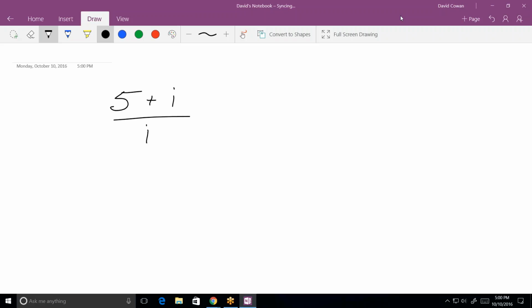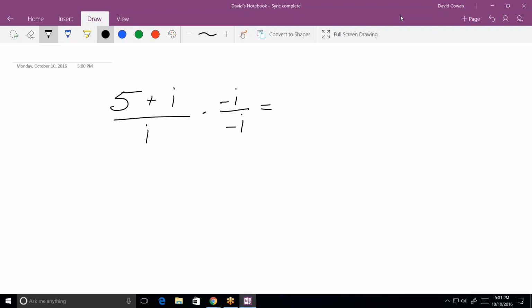Well, I'd have to multiply times negative i. Exactly. That is the conjugate of i, is negative i. Okay? And the rest is, well, let's do it.